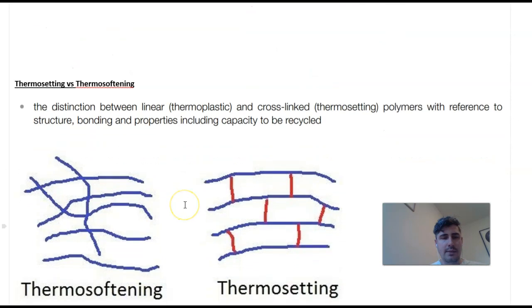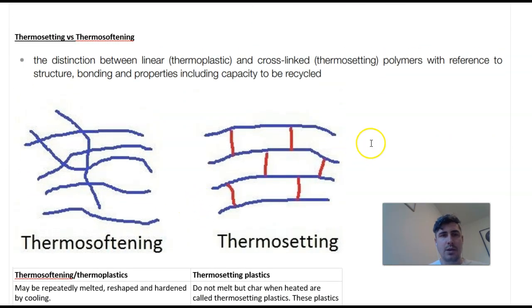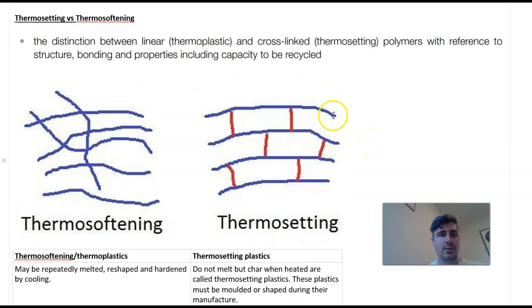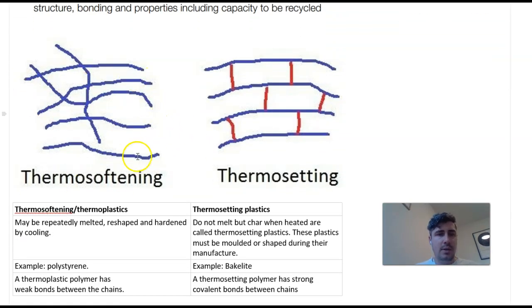So let's have a look now at what we mean by thermosetting and thermosoftening, or thermoplastic. Thermosoftening or thermoplastic is where the term plastic comes from, but actually we should be more accurate in saying polymers. Thermoplastics have basically no cross-linking between their chains.